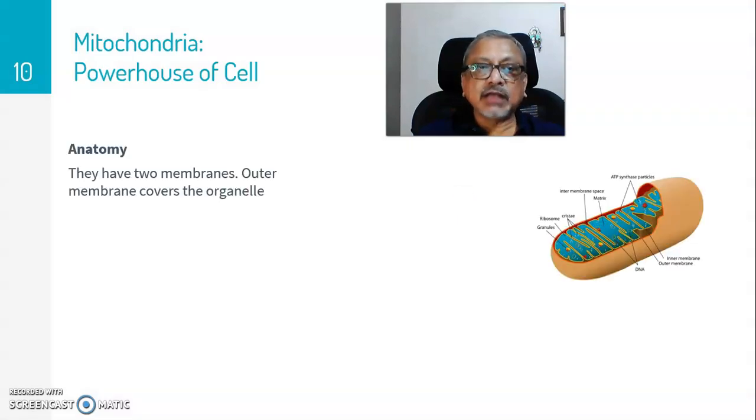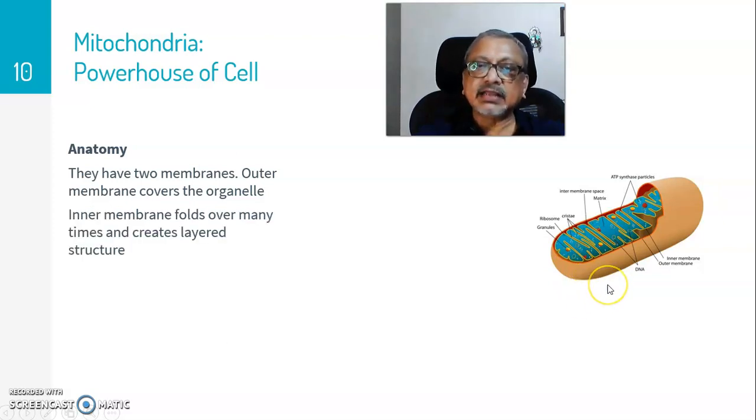Coming to mitochondria, this is the powerhouse of the cell and it has two membranes. One is the outer membrane which covers the entire organelle, and the second is the inner membrane which has many folds that create a layered structure.